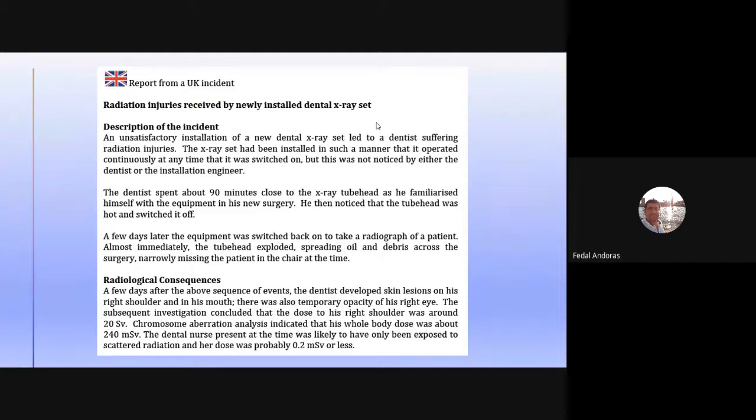Look, this is in the UK, not in Iraq, but there was a problem in the machine, so that the X-ray operated continuously at any time that it was switched on. But this was not noticed by either the dentist or the installation engineer.